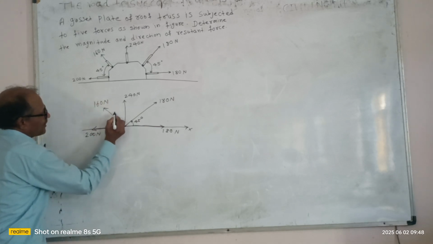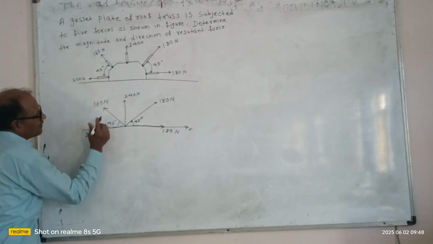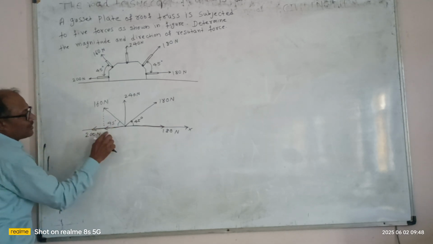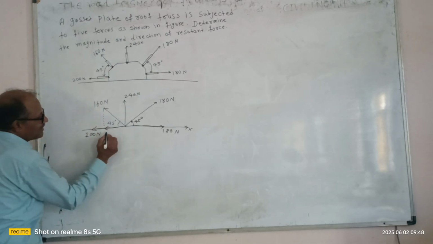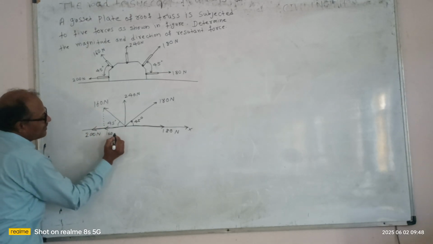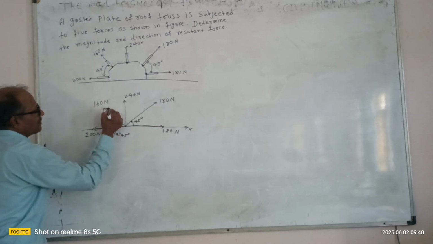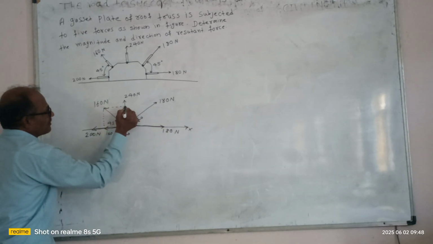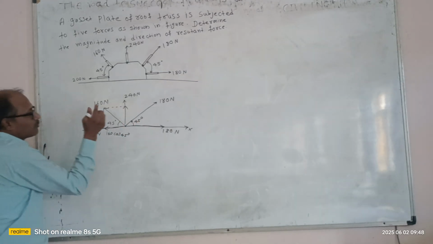So this is the x component of this 160 Newton force, and it is given by 160 cos 45 degrees, and this is the y component of this 160 Newton force.